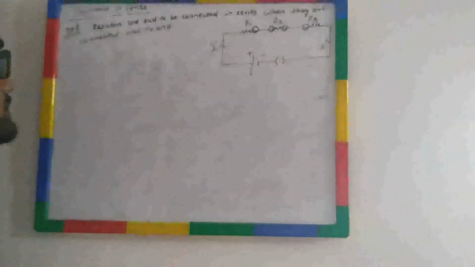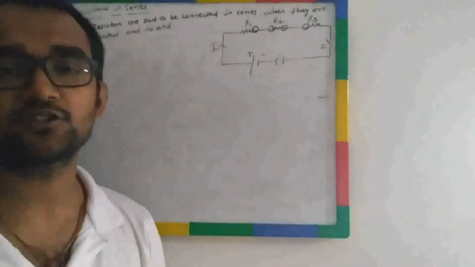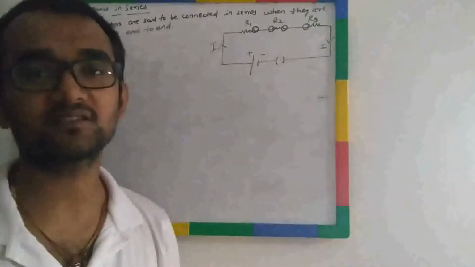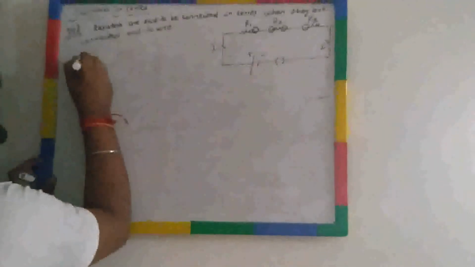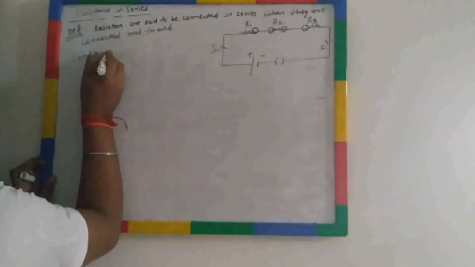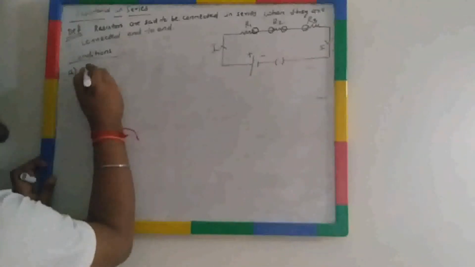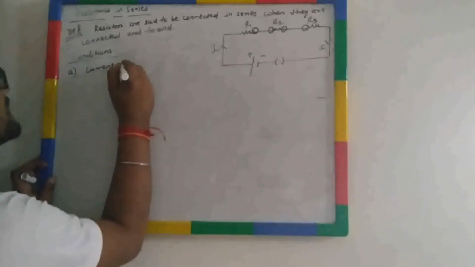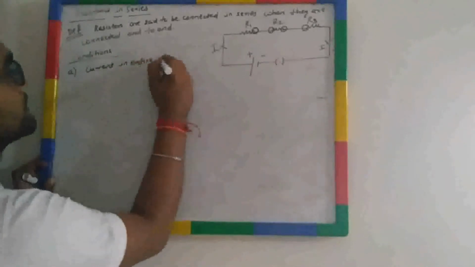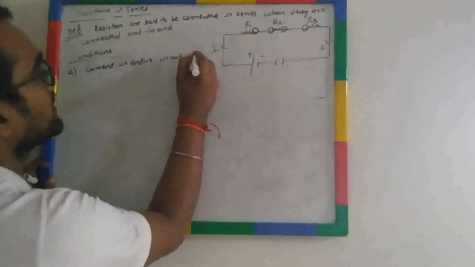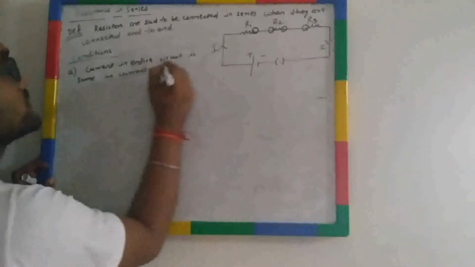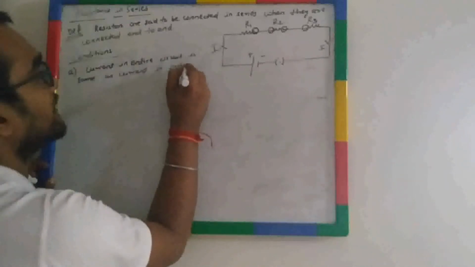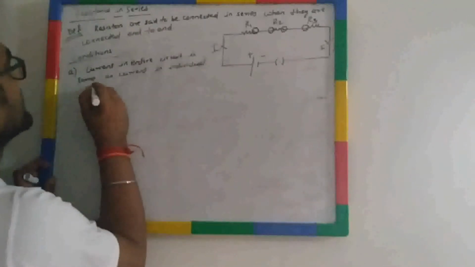Now, there are certain conditions which are related to the derivation of equivalent resistance of resistors in a series connection. Conditions. First one is: current in the entire circuit is equal to, or is the same as, current in individual resistors.